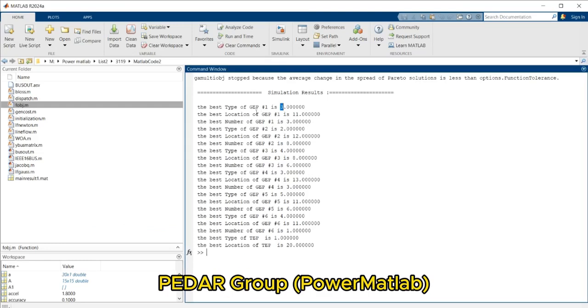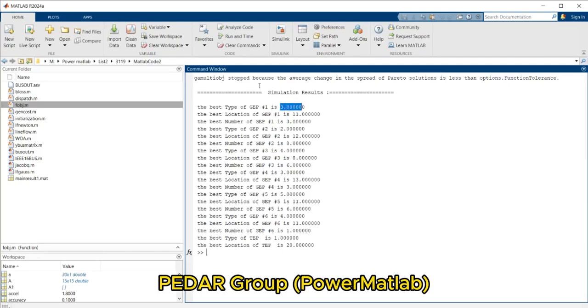Also, you can see the best location is bus 11, and the number of GEP for scenario type number 1 is three units of expansion planning number 1 at bus 11 with scenario number 3.